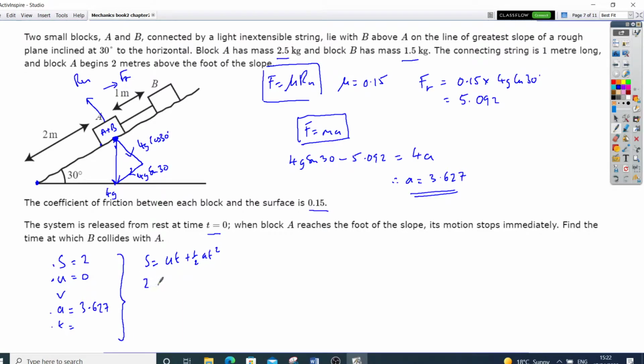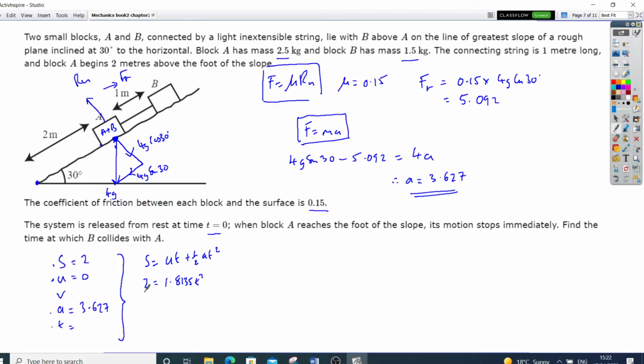So that is 2, u is 0, so that's going to be a half times, so let's just do that in the calculator. Half times the acceleration 3.627. That's going to be 1.8135 t squared. Therefore, divide 2 by 1.8135.